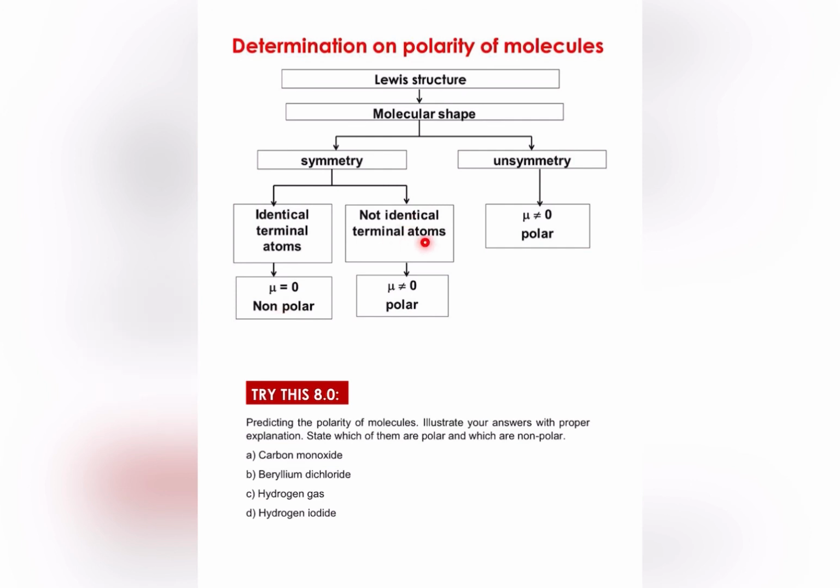Not identical terminal atoms can make it as polar molecule. And for asymmetrical shape of molecule, it will always be polar molecules where your dipole moment cannot cancel out each other. So ini adalah summary for bond polarity for any molecules given.